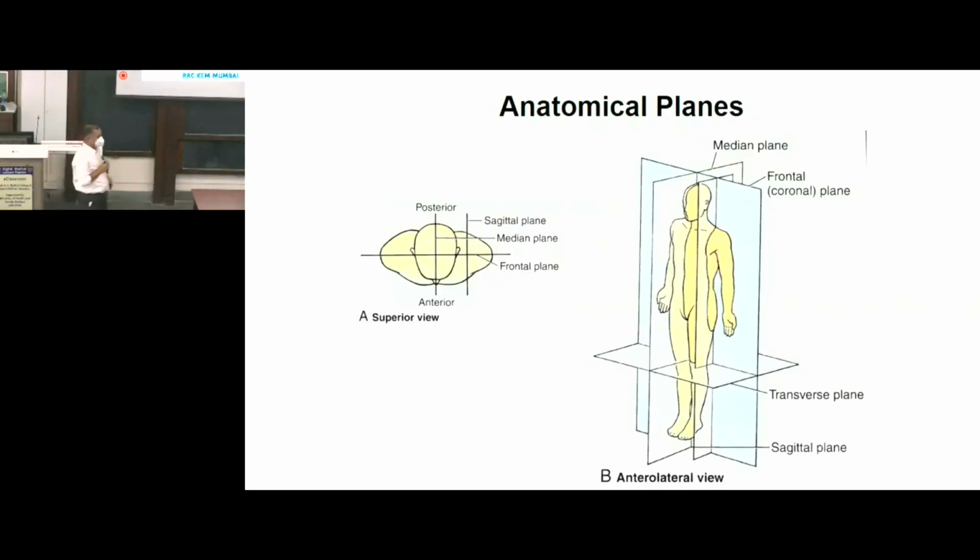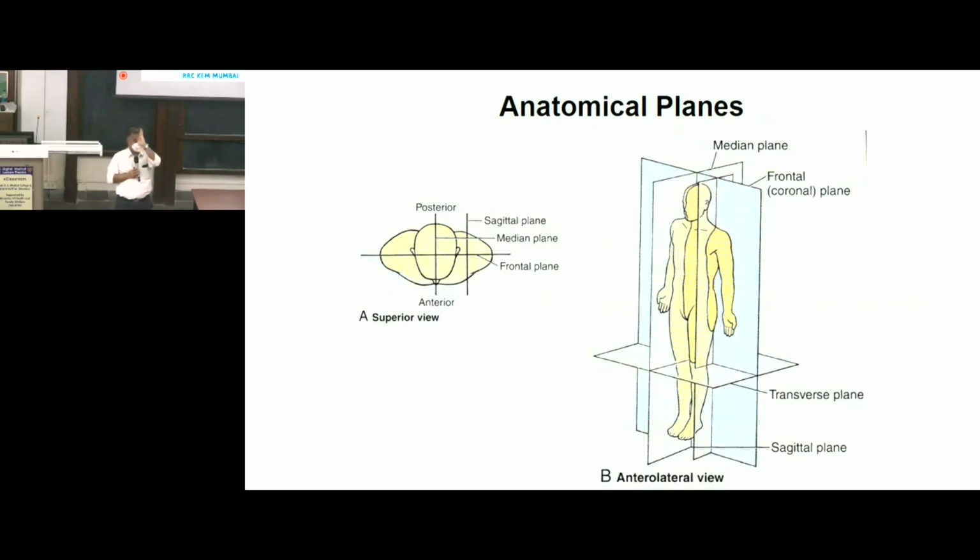Then comes anatomical planes. A vertical plane or a longitudinal plane which cuts the body into two equal halves, right half and left half, is called the mid-sagittal or median plane, midline.